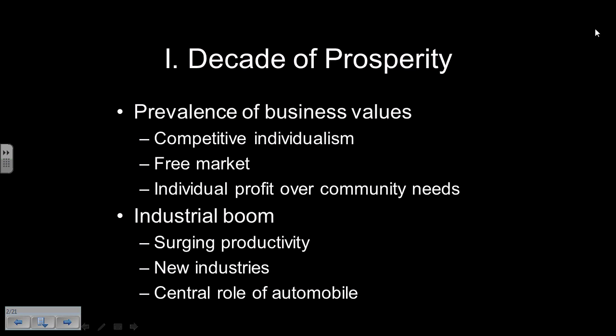Remember World War I? The Europeans destroyed themselves. They bankrupted themselves. America got involved in World War I, but the fighting took place 3,000 miles away, not on American soil. Yes, we lost soldiers, but nowhere near as many as the Europeans did. Moreover, our farms were not bombed, our industries were not bombed.